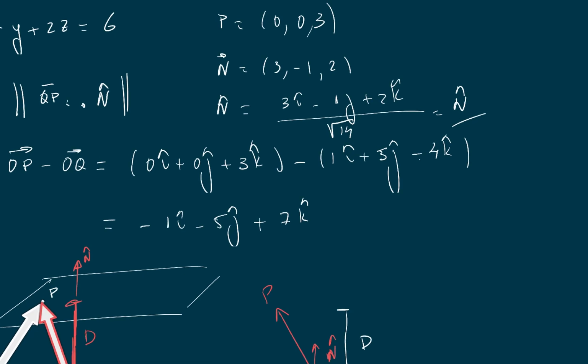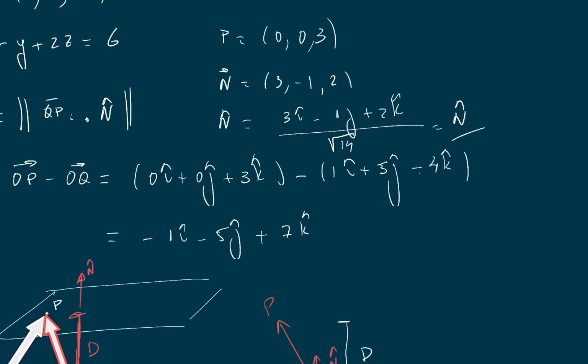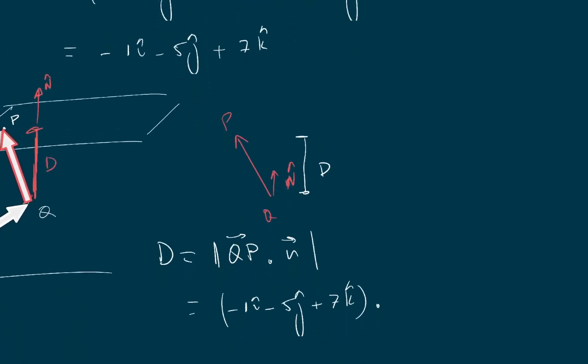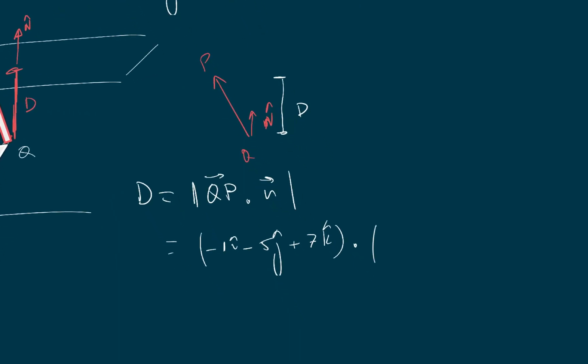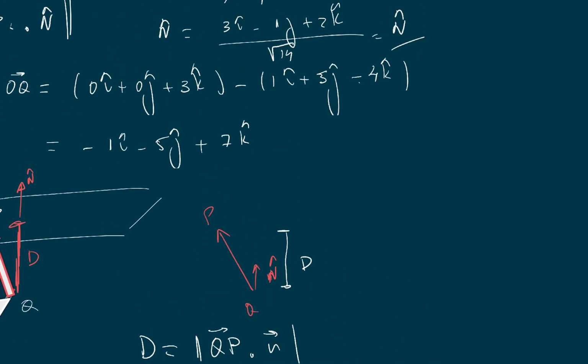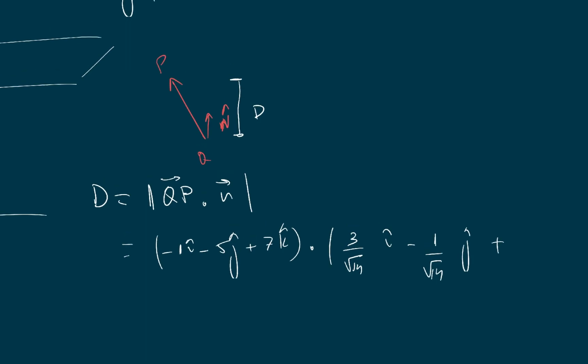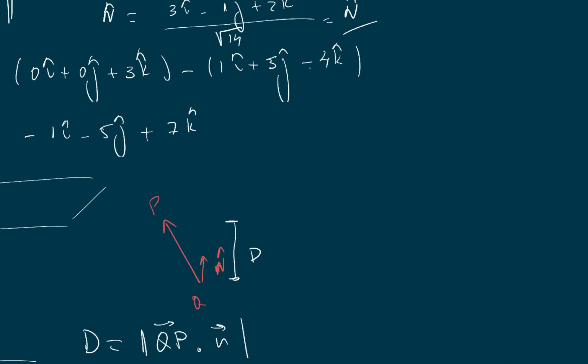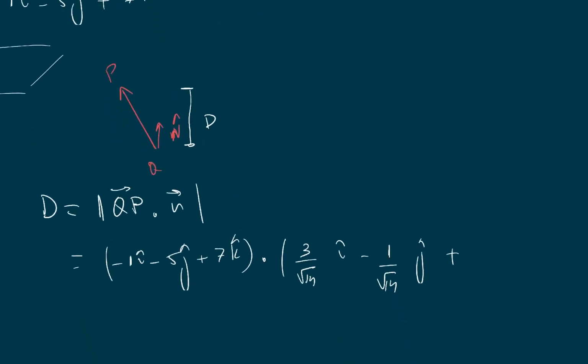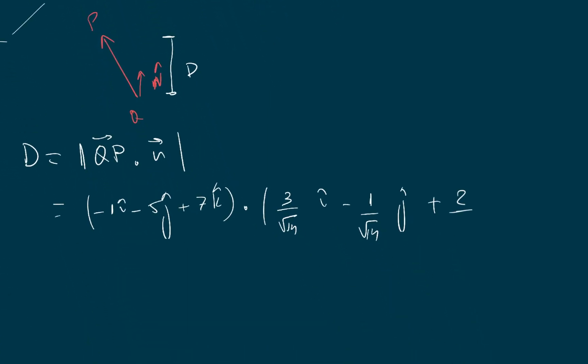And U is the vector 3 divided by the square root of 14 i, minus 1 divided by the square root of 14 j, plus 2 divided by the square root of 14 k.